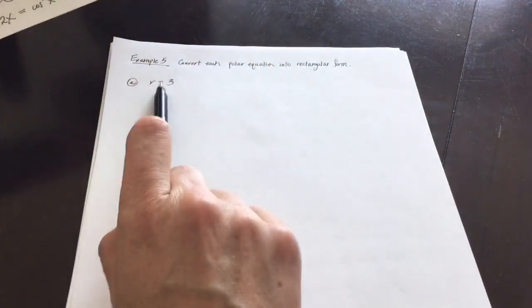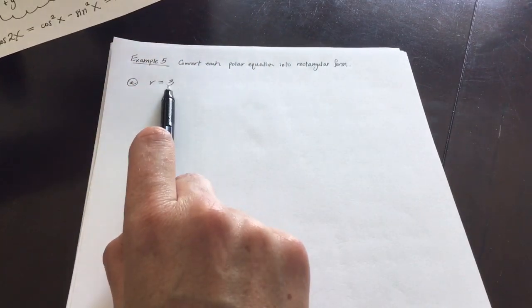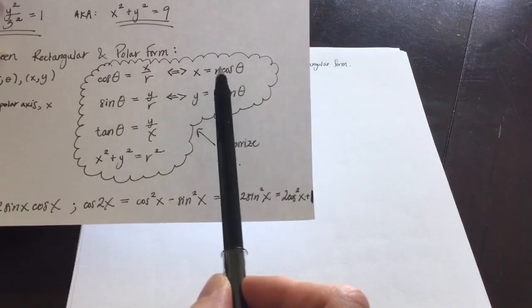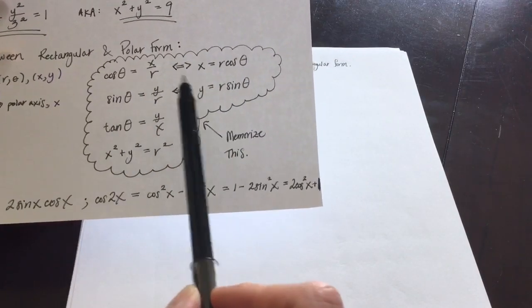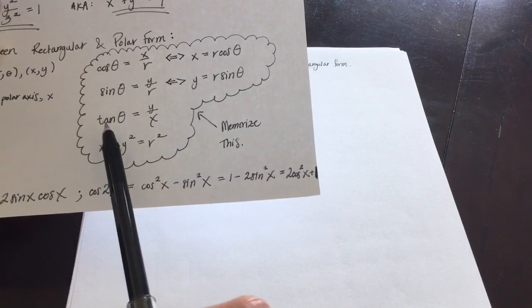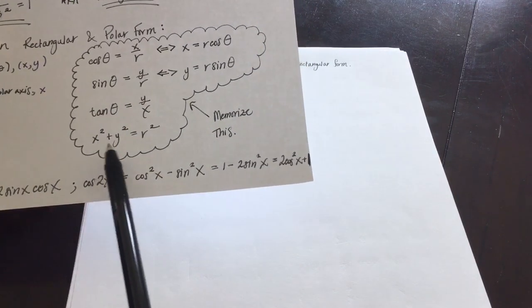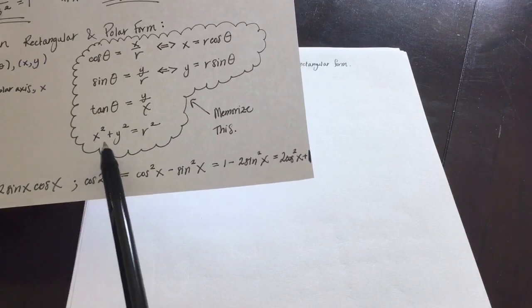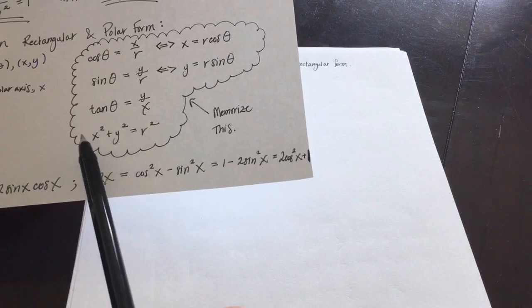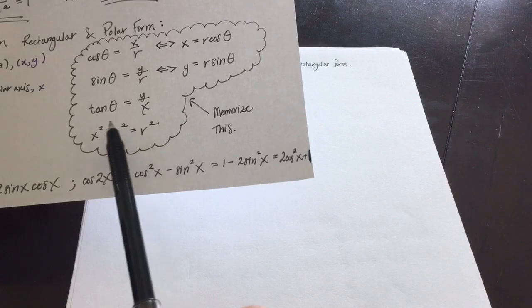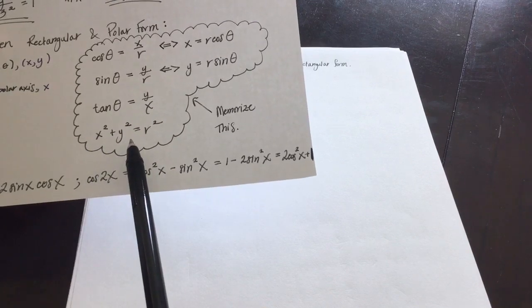So with that said, notice that this equation has r mentioned, but it does not have theta mentioned at all. So if you look at your toolkit for converting between rectangular and polar, almost every identity but one has theta in it. So what that does is it kind of pigeonholes you a little bit into hopefully knowing that it's this last identity that we're going to reach for.